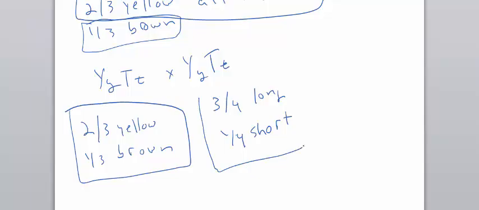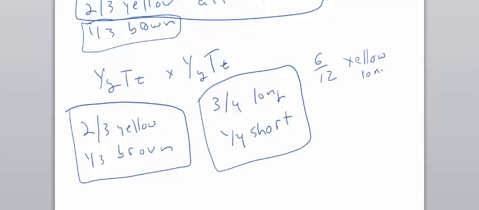So now we're just combining probabilities. So how many are going to be yellow and long? 2/3 times 3/4 is 6/12, and that's yellow and long. 2/3 yellow, 1/4 short is 2/12 yellow and short.